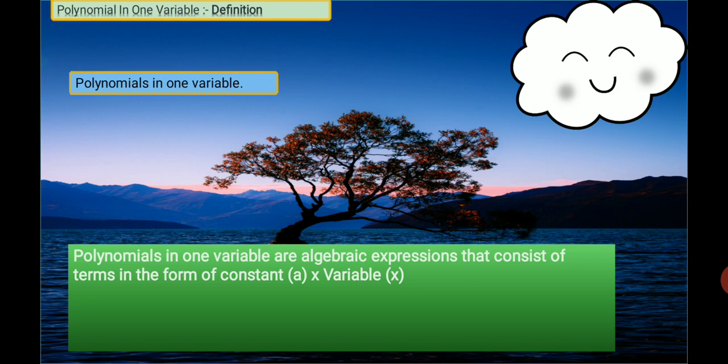Polynomials in one variable are algebraic expressions that consist of terms in the form of constants and one variable. Examples: x cube minus x square plus 4x plus 7, which contains only the x variable. Second example, 3y square plus 5y, which contains only the y variable. t square plus 4 contains only the t variable.